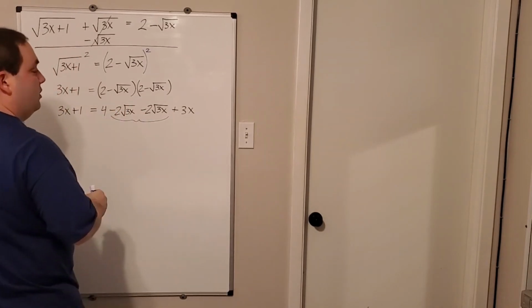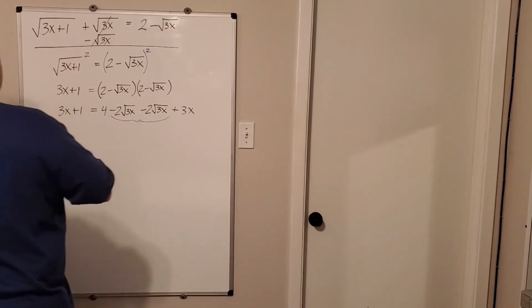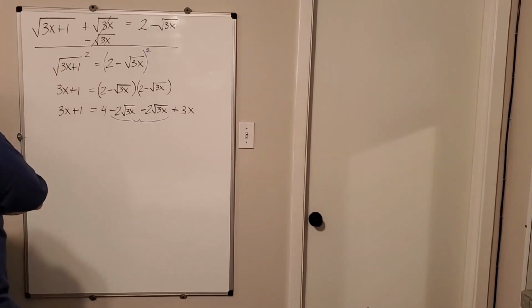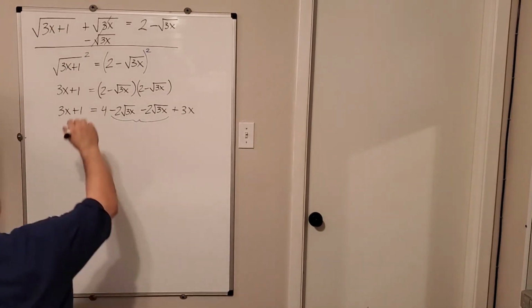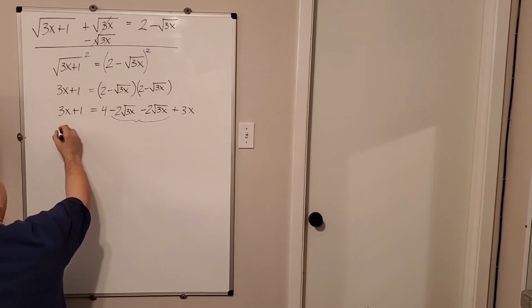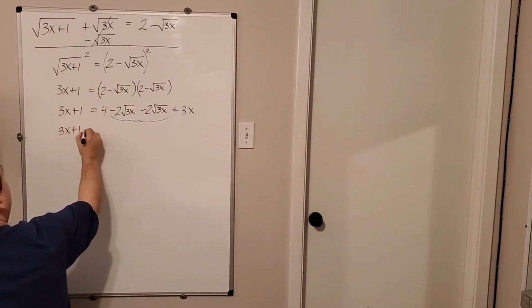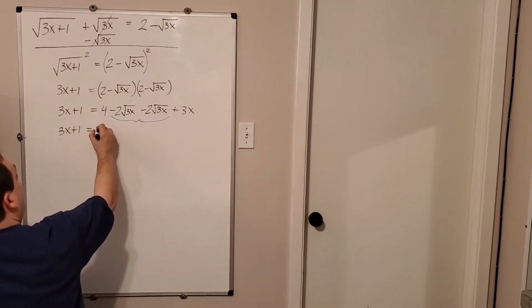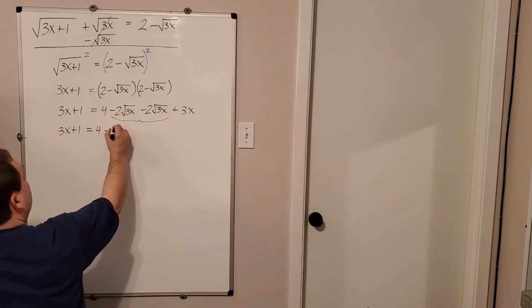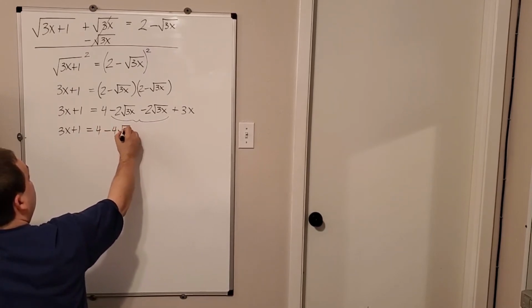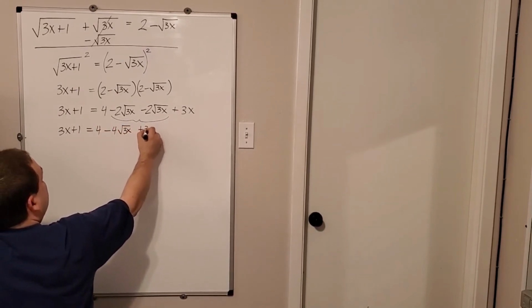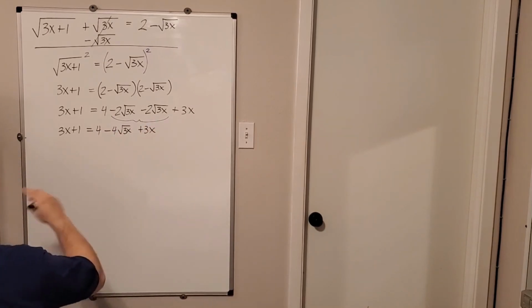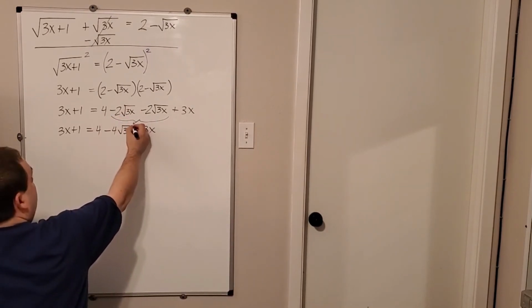They will, however, combine, right? I will be able to combine those in this next step. Okay, so let's see what we get. I have 3x plus 1 is equal to 4 minus 4 square root of 3x plus 3x, right? So I'm able to combine those there.